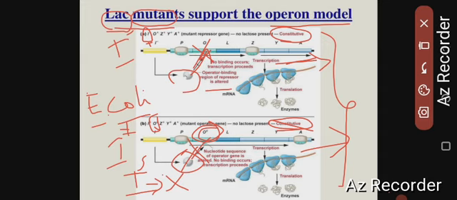So two things you have to remember. Constitutive expression happens if there is I negative, and also in the Oc case.